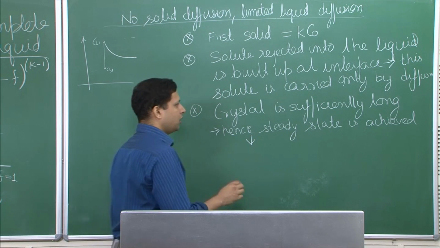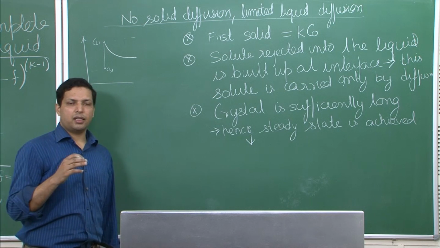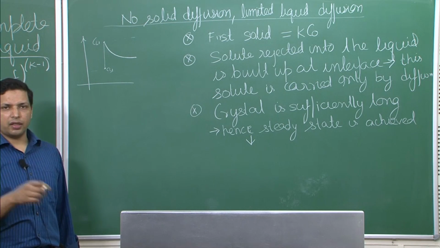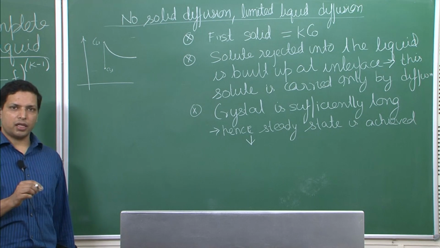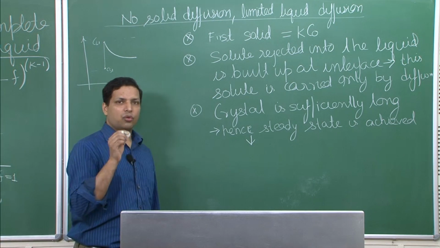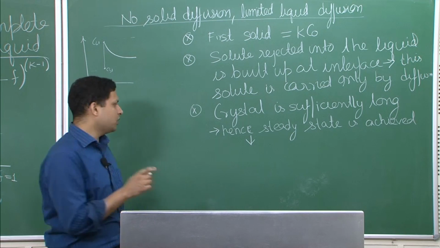And since it is in steady state, it means that the concentration of the liquid at far and the concentration of solid that is forming is not changing, which means the only composition which the solid can form is C naught.